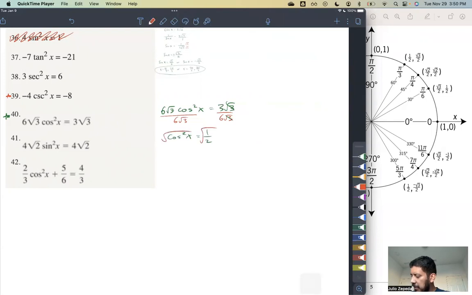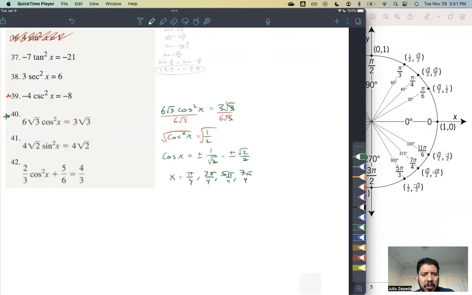This is going to be very similar. Why do these pi over 4 angles keep showing up? Cosine x equals plus or minus 1 over the square root of 2, which is just plus or minus square root 2 over 2. So again, the answers are still going to be those same pi over 4 ones. x equals pi over 4, 3 pi over 4, 5 pi over 4, and 7 pi over 4.